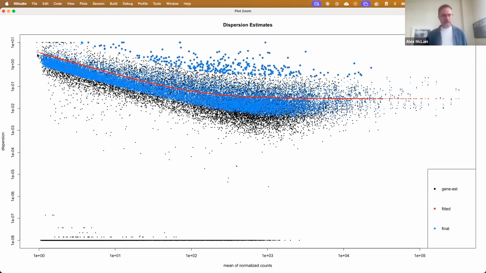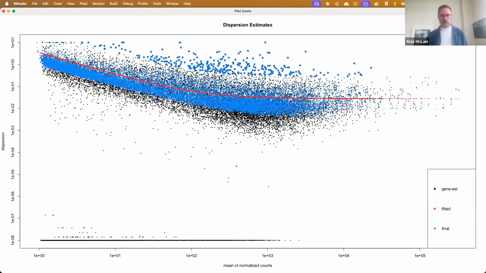This red line represents the trend between the normalized means, so how many reads per gene there were, and the dispersion parameter estimate, that alpha parameter. So mu plus alpha mu squared. So this is the trend.